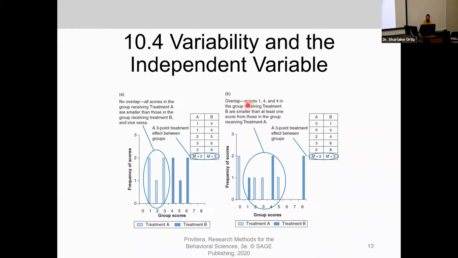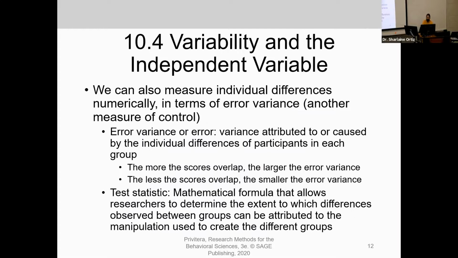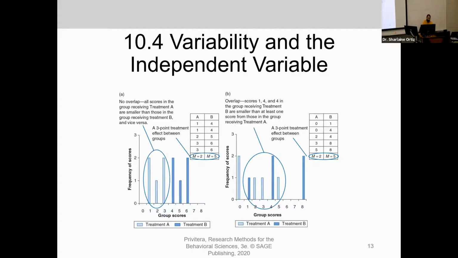What that tells me is that there is a greater chance that, because there is a large overlap in scores, there is an error of variance. It wasn't my treatment modality that led to these results, but rather an aspect of individual differences, perhaps.